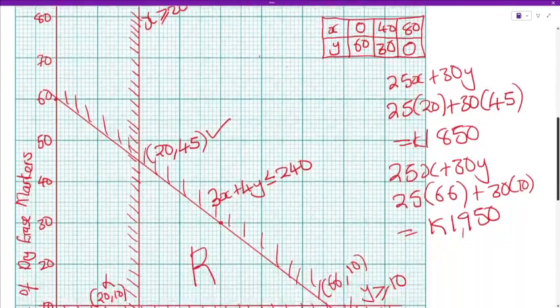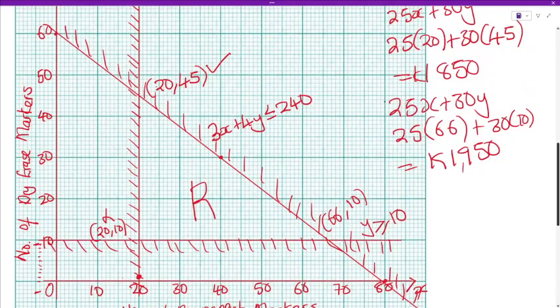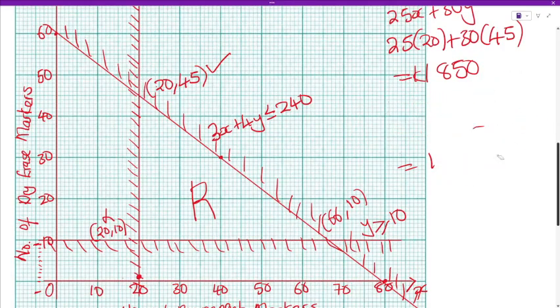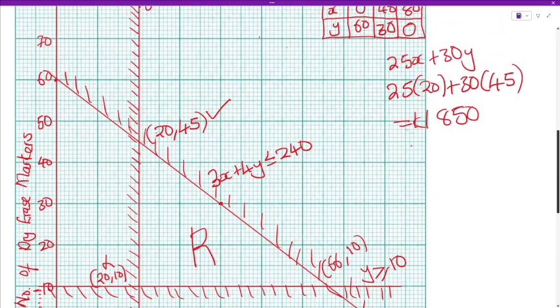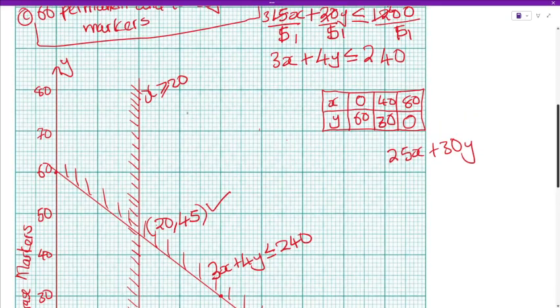Okay, next one, calculate maximum profit. I'm just going to pick this formula and you write it down for the examiner. The formula is 25x plus 30y. You can say MP is equal to 25x plus 30y, so MP is 25 times 66 plus 30 times 10.